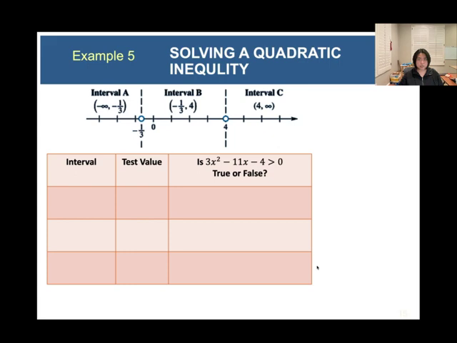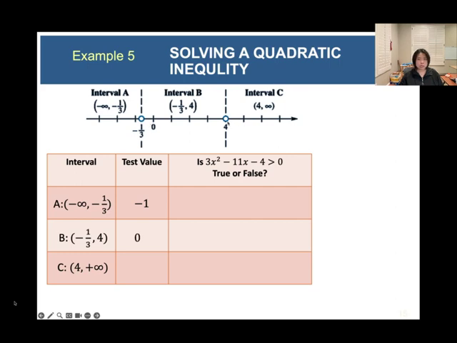Okay, then grab a table. Write down the intervals here and then plug in the test values. So here I'm gonna plug in -1. For the second one, I'm gonna pick 0 because it's an easy number, right?